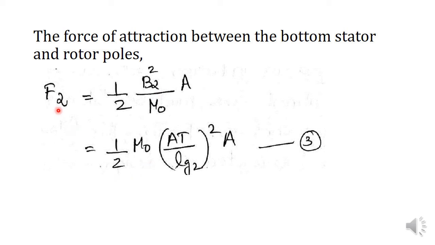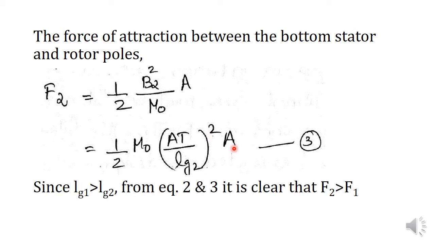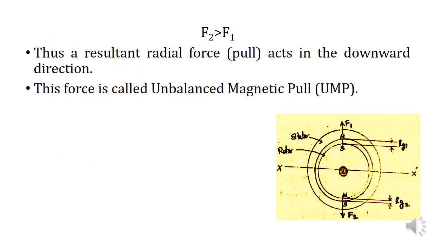So the equation for F2 is equal to half mu 0 into AT by Lg2 the whole square into A. Since the air gap length Lg1 is greater than Lg2, from equations 2 and 3 we can say that the force of attraction F2 is greater than F1. This is due to the unbalanced magnetic pull. Thus, a resultant radial force or pull acts in the downward direction, and this force is called unbalanced magnetic pull.